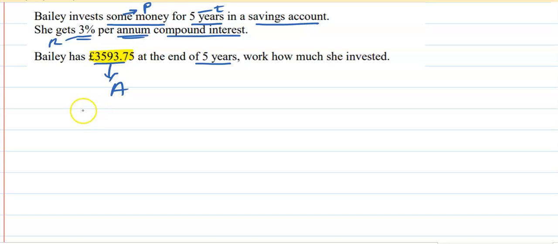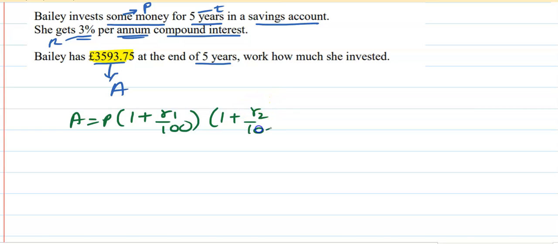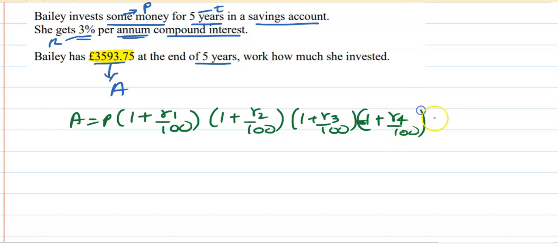So let's write down A equal to P times 1 plus R1 over 100, times 1 plus R2 over 100, 1 plus R3 over 100, 1 plus R4 over 100, and 1 plus R5 over 100.